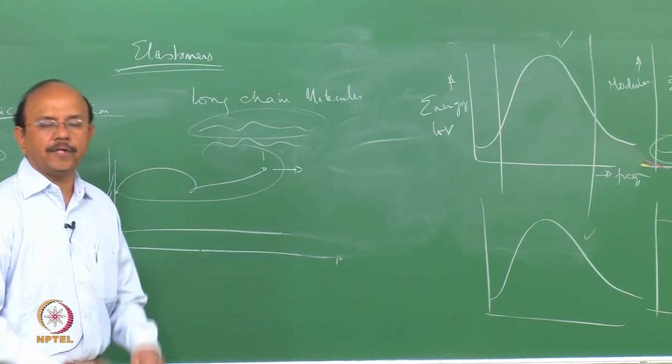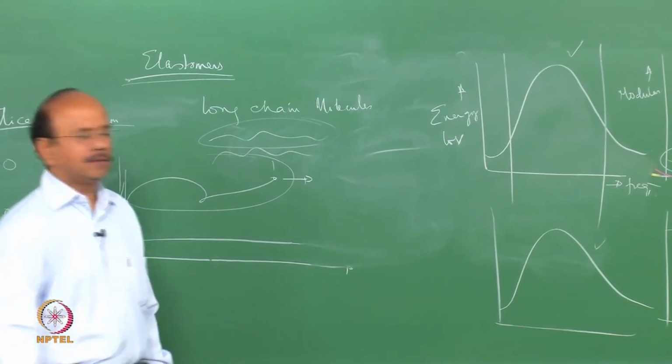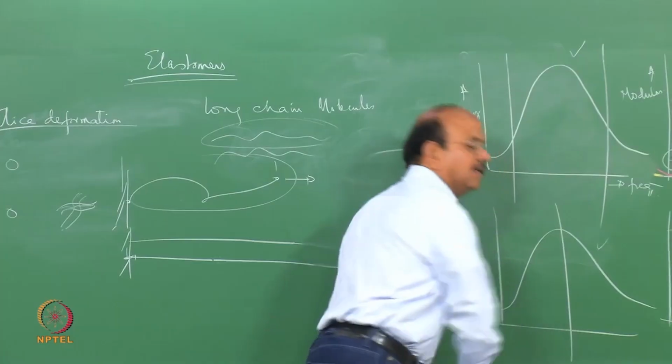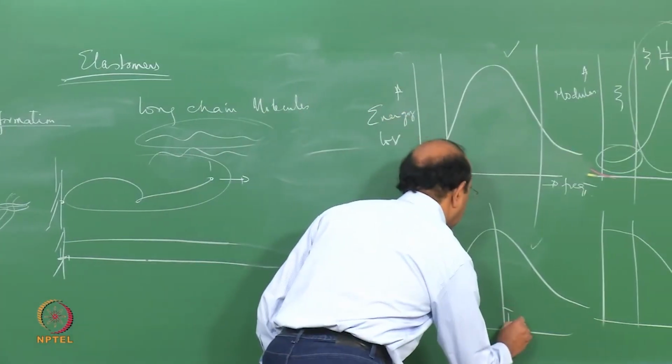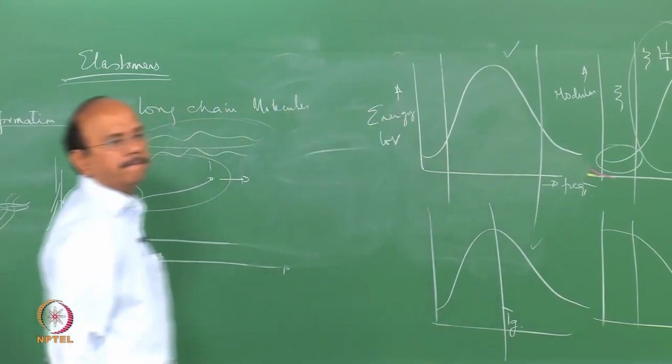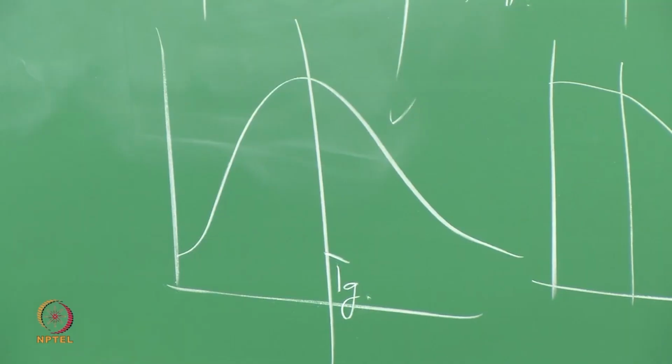There is one particular temperature of interest which is called the glass transition temperature, popularly denoted by Tg.